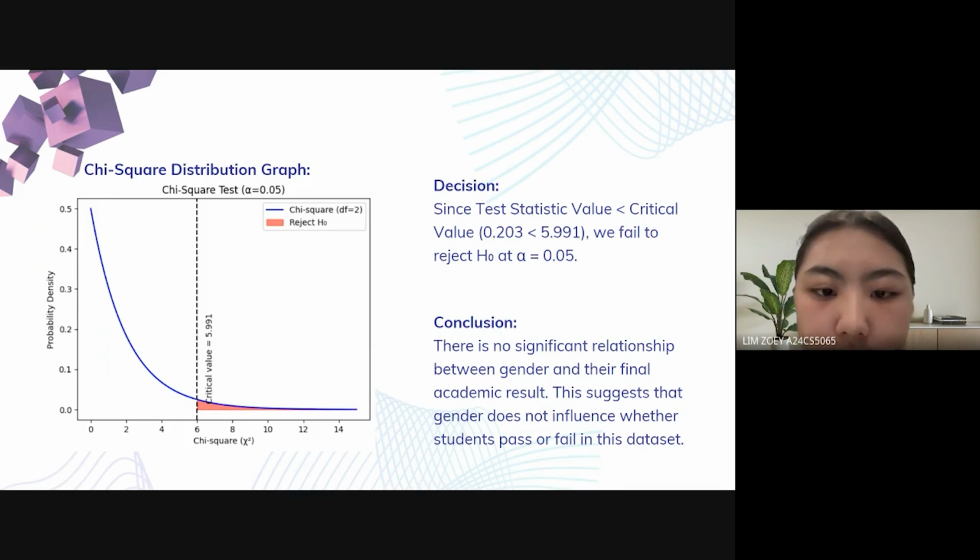So our decision: since the test statistic is smaller than the critical value, as stated, 0.203 is smaller than 5.991, we fail to reject the null hypothesis at the significance level of 0.05. So the conclusion here is that there is no significant relationship between gender and final academic results. This suggests that gender does not influence whether students pass or fail in this dataset. Next slide.